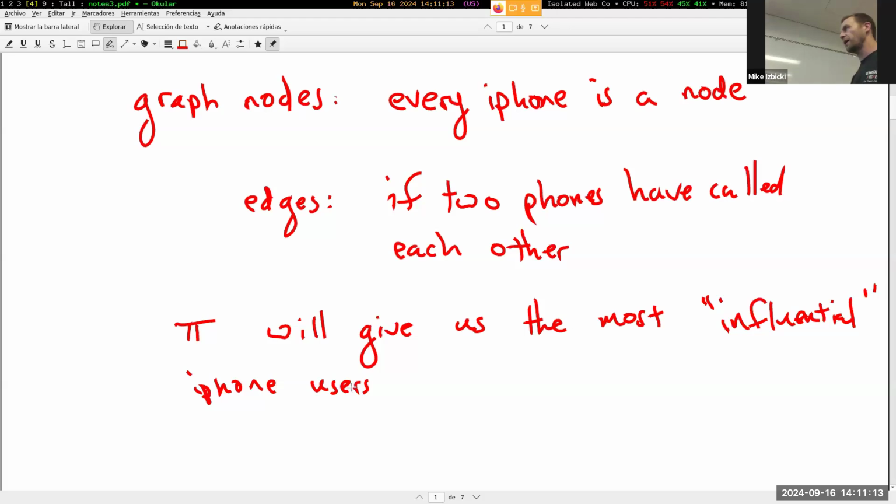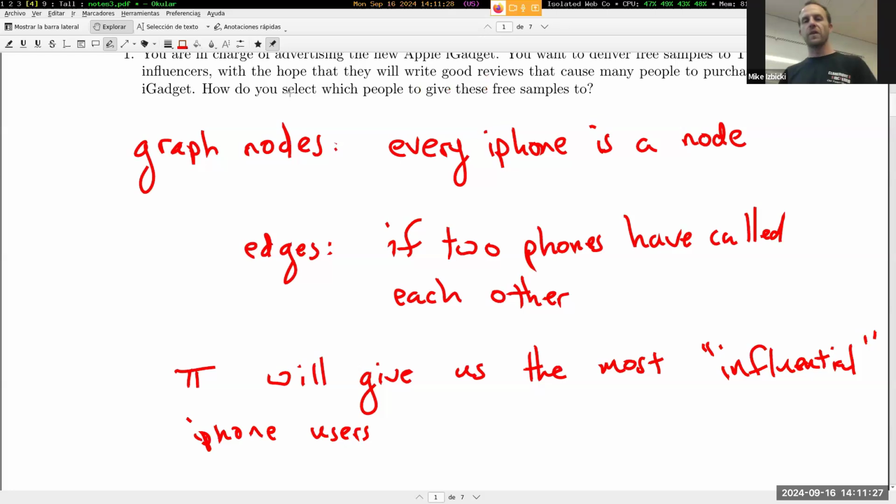Because somehow they're most likely to talk to other people. If you give the new iPhones to these top people, their influence will spread to the largest quantity of people throughout the graph. There's lots of different ways that you could do something like this, but this is an example of one of them. Are there any questions about this?